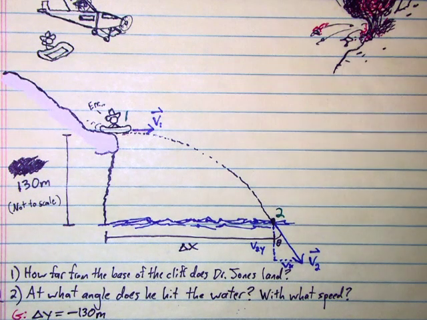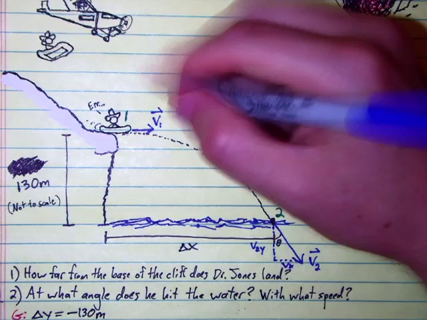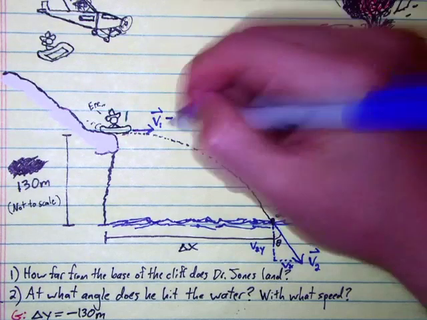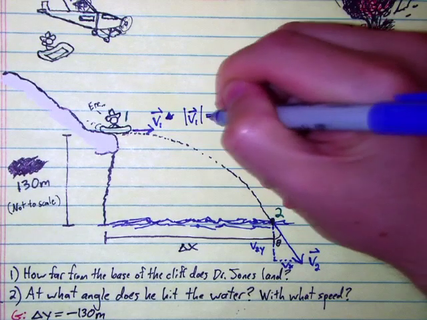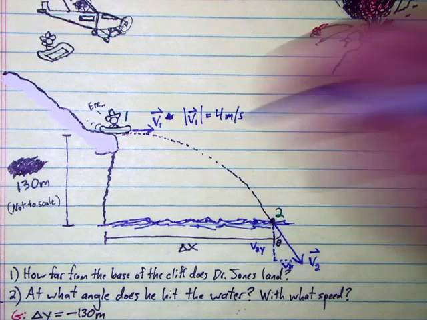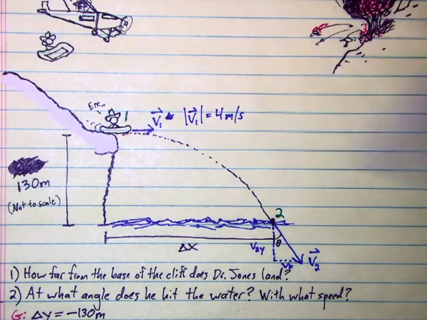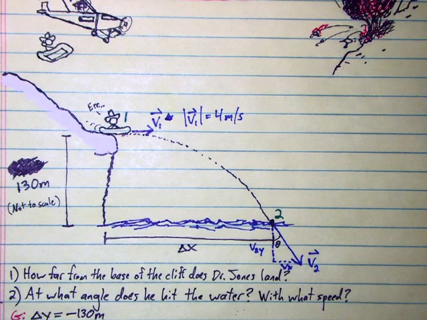Oh, we also know his launch velocity. I forgot to tell you that. Let's say his launch speed here is going to be 4 meters per second. Okay, about 8-10 miles per hour. Not so fast when he launches off this ridiculously high cliff.